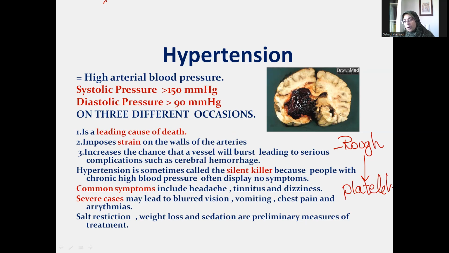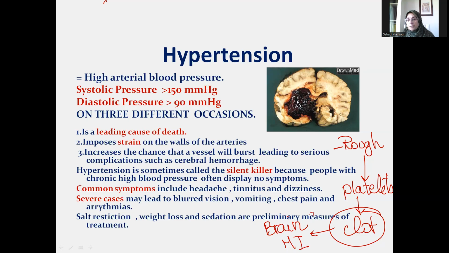And if platelets are destroyed, then there would be agglutination and clotting. A blood clot would occur, and the blood clot might result in a brain stroke, for example, or it might result in myocardial infarction. But there is another, this is a complication.